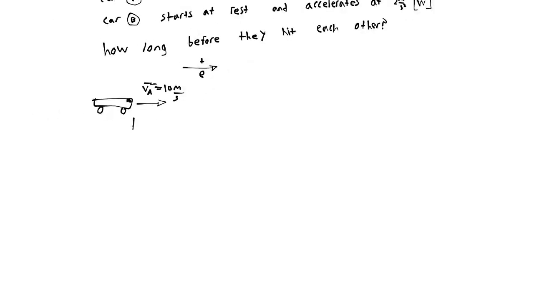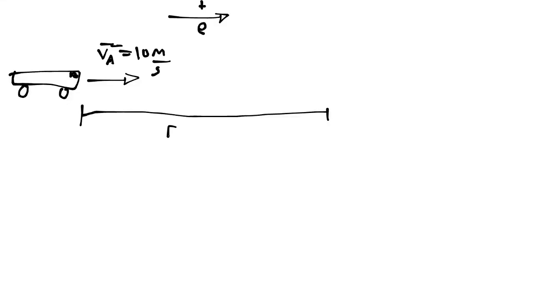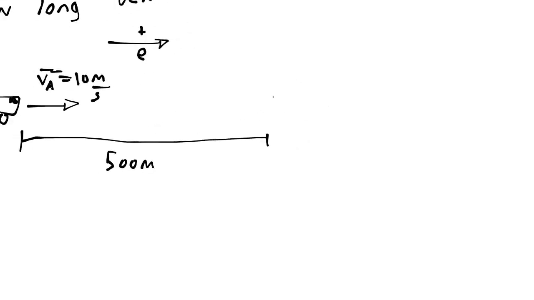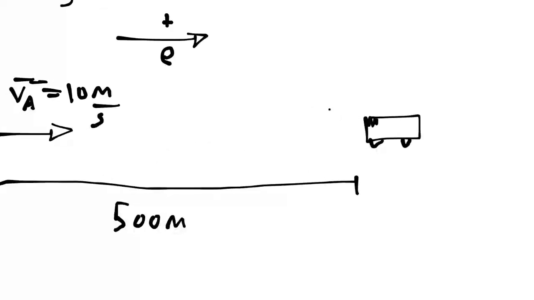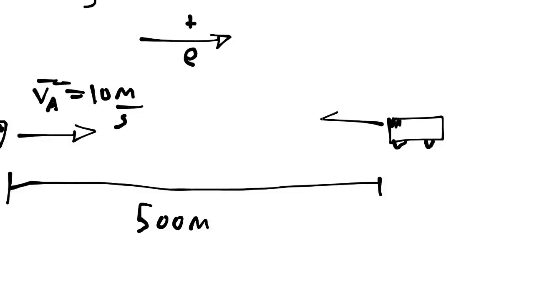And now there's a distance between them. So it's going to be like 500 meters. So let's draw a line like this. 500 meters. And then there's car 2 over here, or car B, I mean. And its velocity at the start.